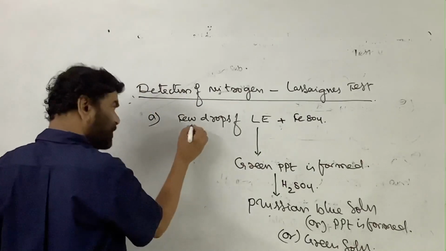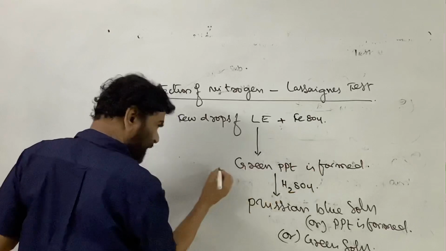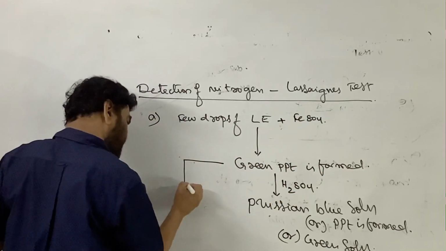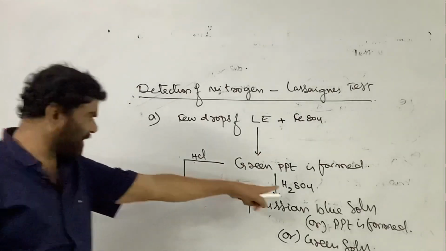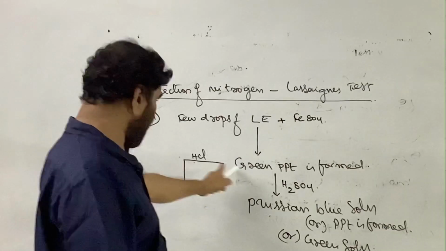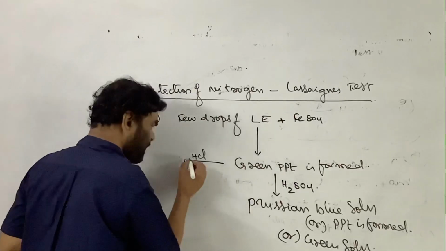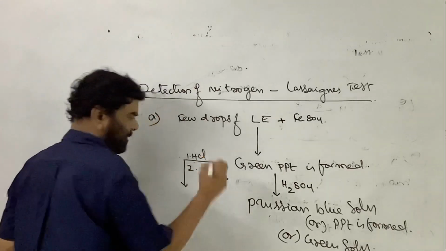To a few drops of the Lassaigne extract, a green precipitate is formed. Up to this point it is the same; here you can use this procedure: treat with HCl, add HCl instead of sulfuric acid, then add ferric chloride.